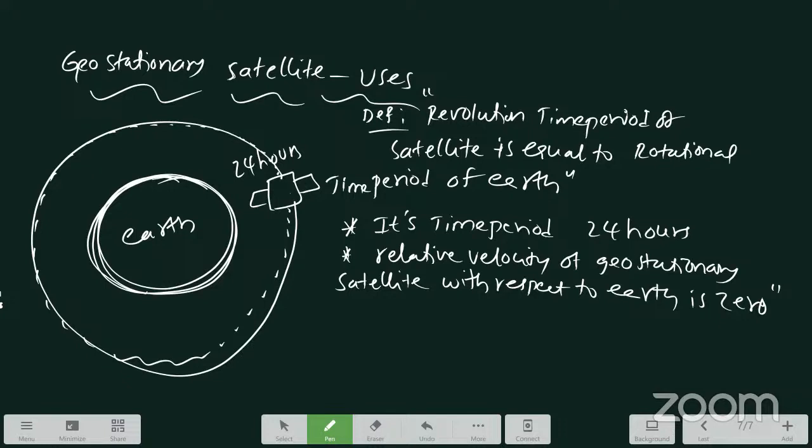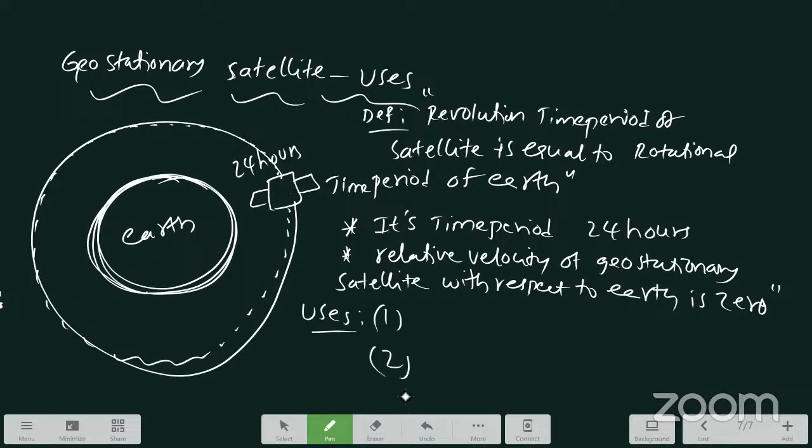Relative velocity means, student, the difference between Earth's velocity and the satellite's velocity. The relative velocity of a geostationary satellite with respect to Earth is 0 because both are moving at the same rate. That's why I wrote uses. You write any two uses, enough.